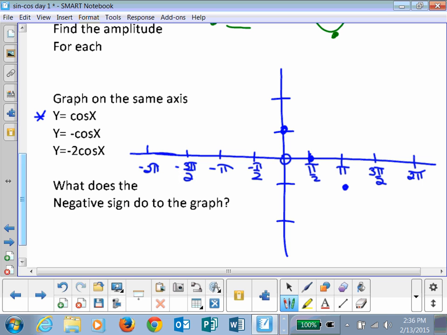But the pattern is the same. It goes to 0, goes down, goes to 0, goes up, goes to 0, goes down. So at 2 pi we're back at 1. And at negative 2 pi we are at 1, negative 3 pi over 2 is 0, here we're at -1, here we're at 0, and here we're at 1. And so we continue that pattern.